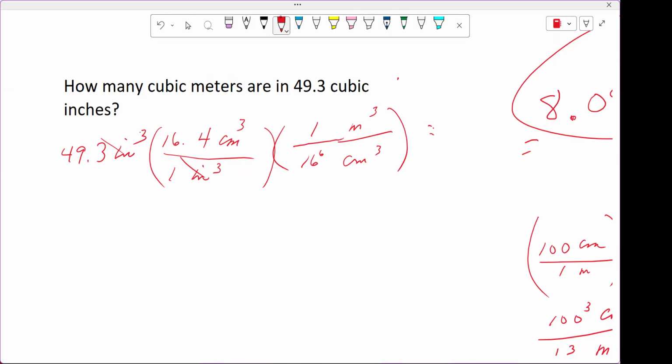Okay. Now, a cubic meter is a meter by a meter by a meter. A cubic inch is this by this by this. So you're going to have a whole bunch of those cubic inches in the cubic meter.